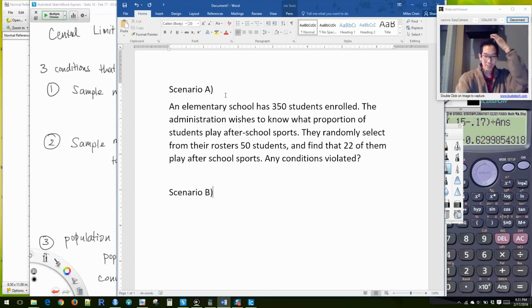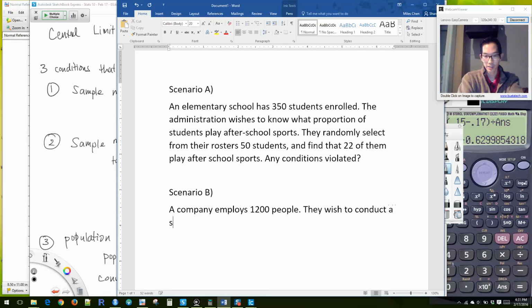Scenario B. You don't have to scribble this down furiously in your notebook if you don't want to. A company employs 1,200 people. They wish to conduct a survey of its employees.